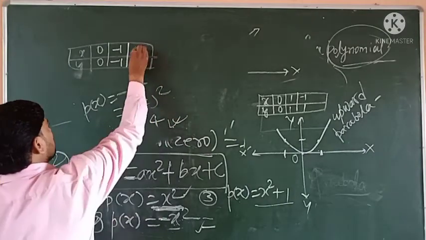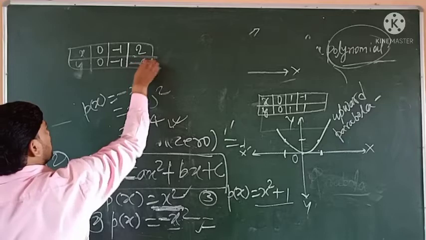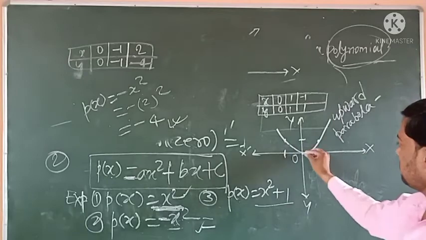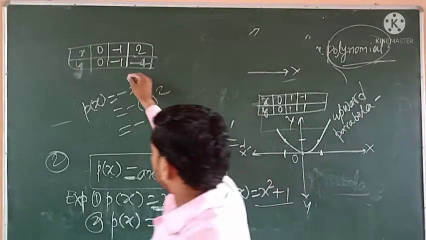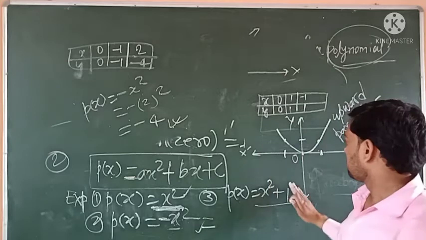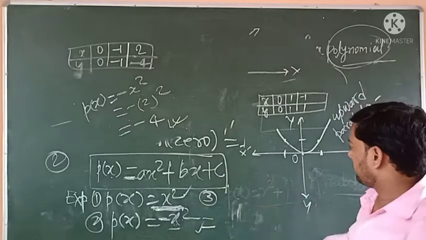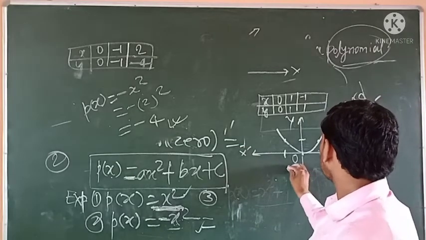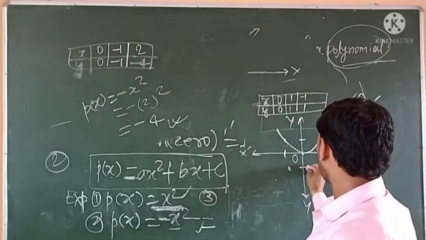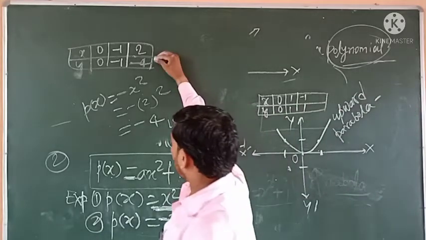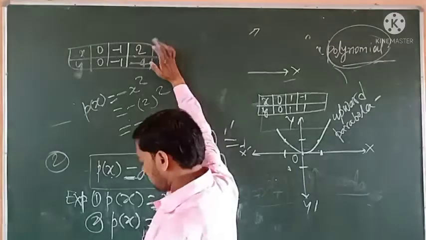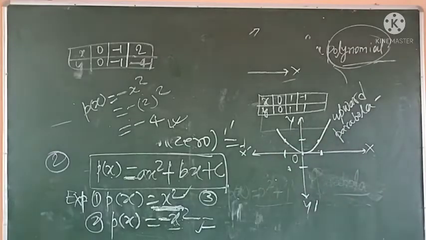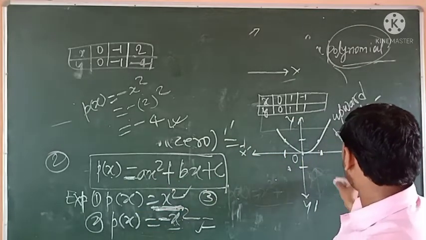So 0, 0 is the origin, minus 1, minus 1 is in the third quadrant, and 2, minus 4 is in the fourth quadrant.